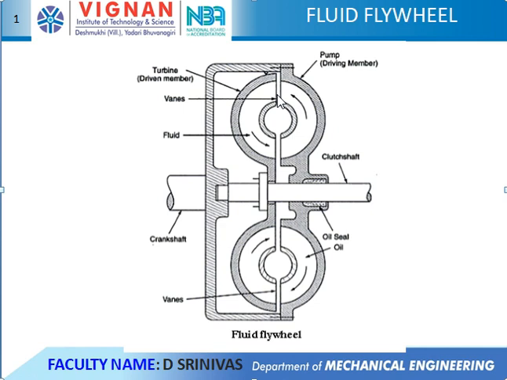So for that reason, we can say that it works on the principle of centrifugal force. A liquid is kept between the turbine and the pump, or the impeller and the runner, such that whenever the crankshaft rotates, along with that, the pump or driving member also rotates.